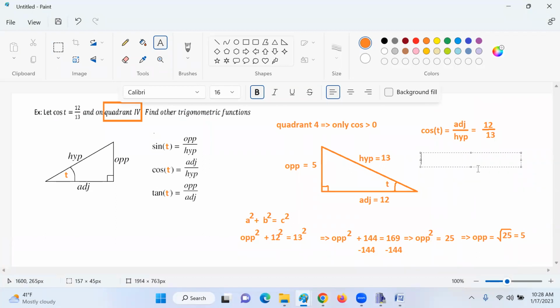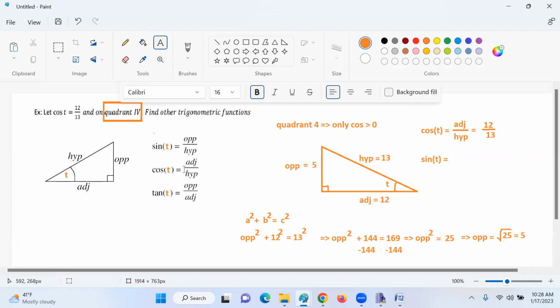Now we're going to figure out the sine of t based on the root that we have for the opposite over hypotenuse. So remember, the sine is going to be opposite over hypotenuse, the cosine is going to be adjacent over hypotenuse, and the tangent is going to be opposite over adjacent.